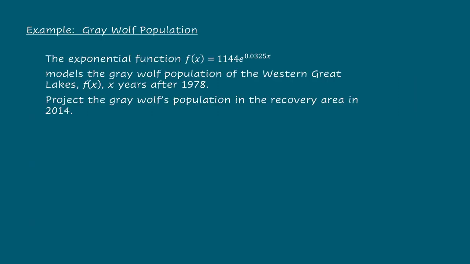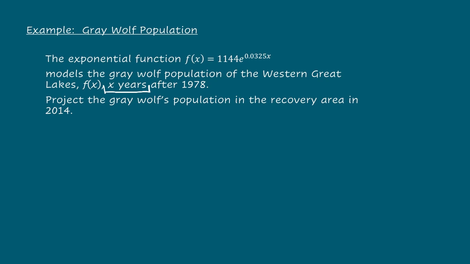All right, let's take a look at how this applies in a population growth model. The exponential function f of x equals 1144e to the 0.0325x models the gray wolf population of the western Great Lakes, f of x years after 1978.